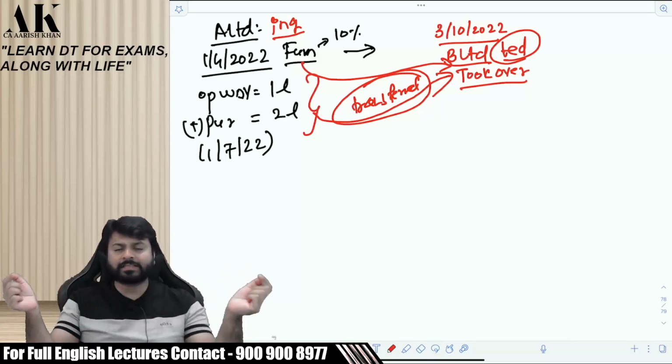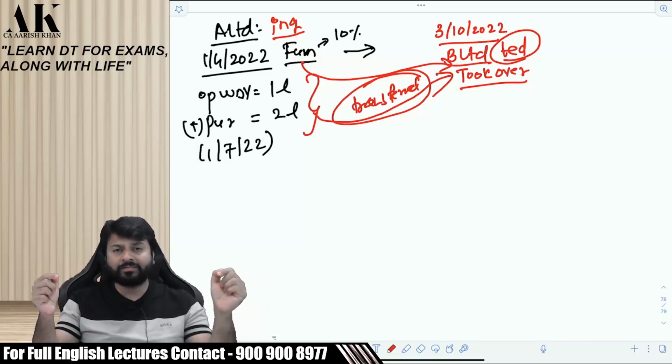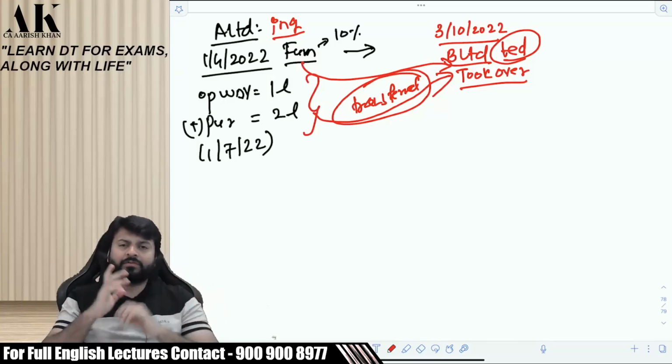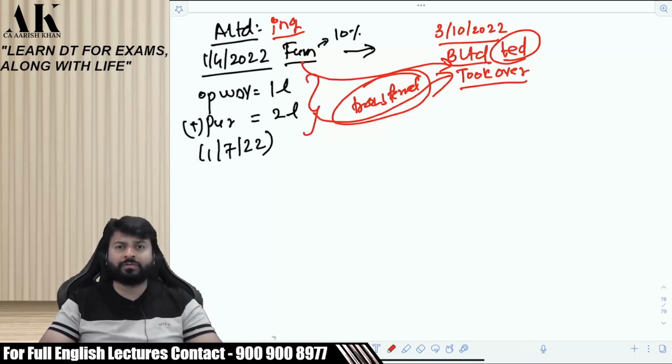And wherever there is an exception, it means what? In income tax law, if there is an exception to a section, that is called a proviso. So the government has created an exception for this. Exception means a proviso. And what is the proviso?